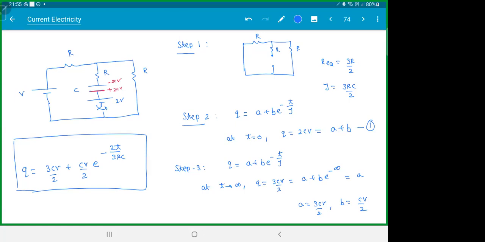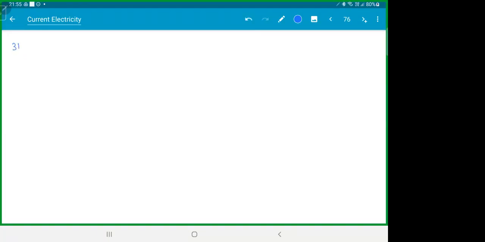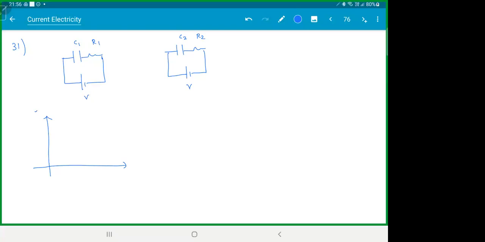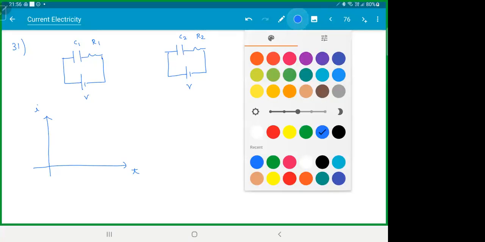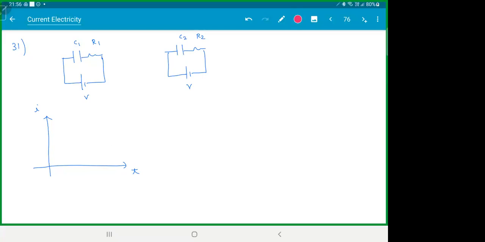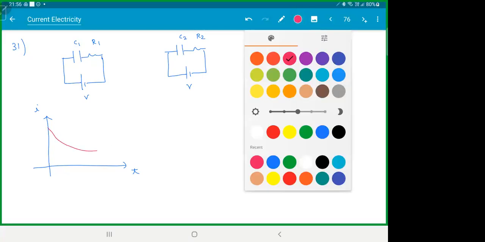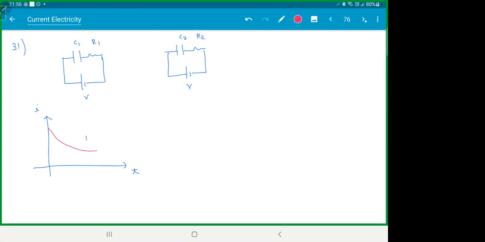So these are one type of questions. There is another type of questions, graphical ones based on charging circuits. Something like this was asked in the exam. There are two RC circuits, C1, R1, battery is V, and C2, R2, battery is V. When you plot the I versus T graph, one graph was like this, the R1 C1 graph.